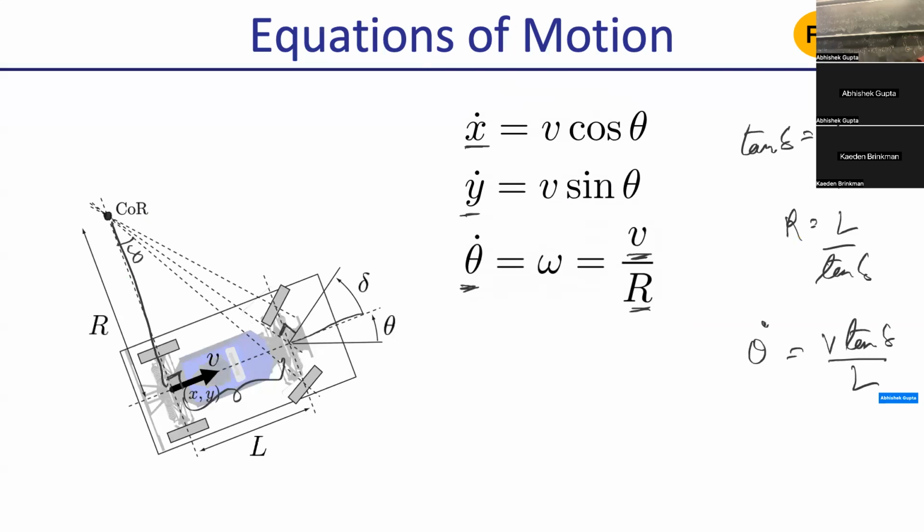Just recapping geometry. So just think of this as a circle. This is 90 degrees. That is delta. This is the definition of tangent delta. And this is just coming from the fact that angular velocity is v over R. And so you're just working out what x dot, y dot, and theta dot are, right? Just to recap. Okay, do you feel good about this? If you don't, let's ask some questions.